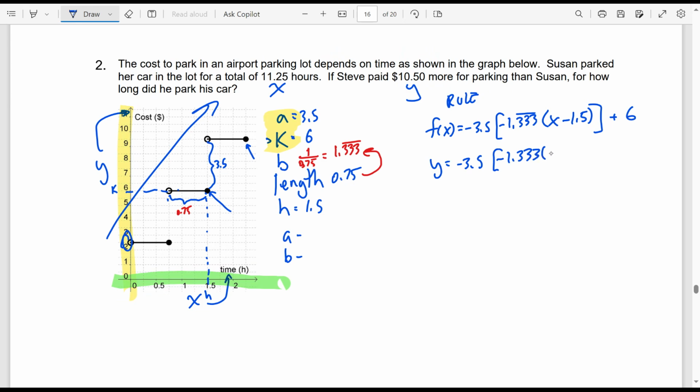I'm going to keep that as accurate as possible. And then 11.25 as my hours, subtracted by 1.5, plus 6. So when I'm solving for y, it's actually a lot easier on these ones, mainly because I have everything I need.